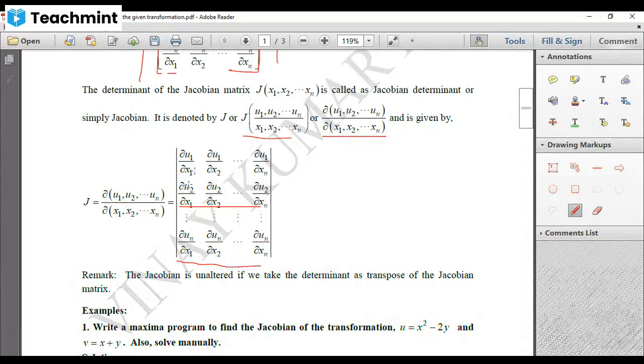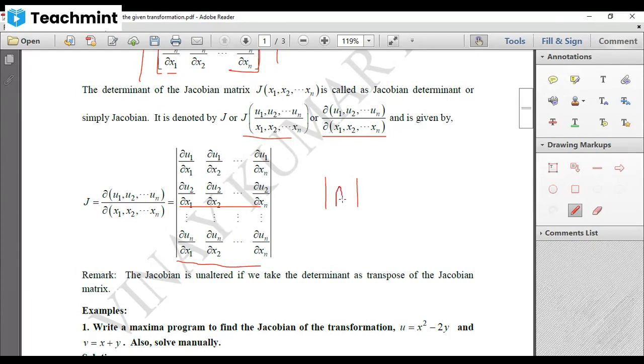It is not necessary that you write these as rows. You can write them as columns also. That means dou u1 by dou x1, dou u1 by dou x2, etc. up to dou u1 by dou xn, instead of the first row, you can write that as the first column also, because the determinant is unaltered by taking the transpose.